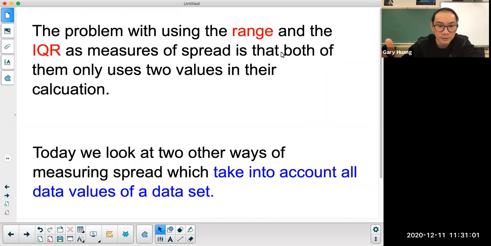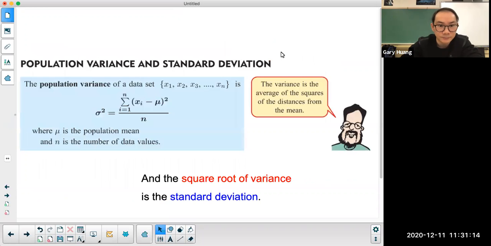So today we're going to look at two other ways of measuring spread, which take into account all data values in a particular data set. Those are the standard deviation and the variance.